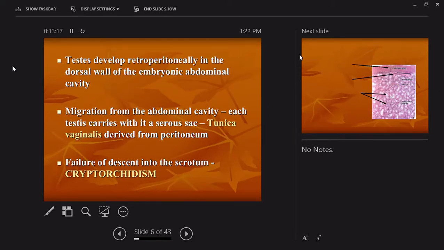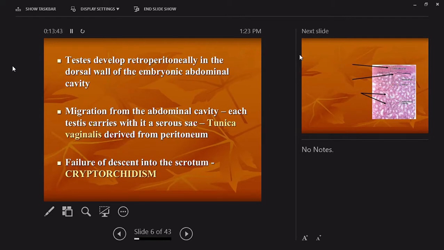Each testis carries with it a serosac, which you call the tunica vaginalis, derived from the peritoneum. As it migrates down, it carries the tunica vaginalis, which is derived from your abdominal peritoneum.